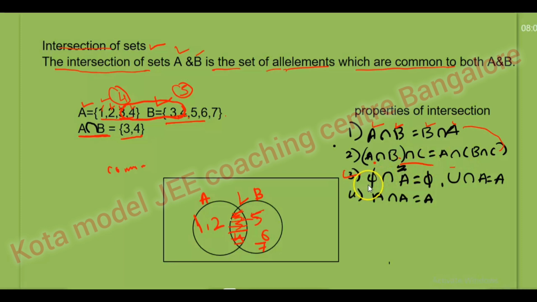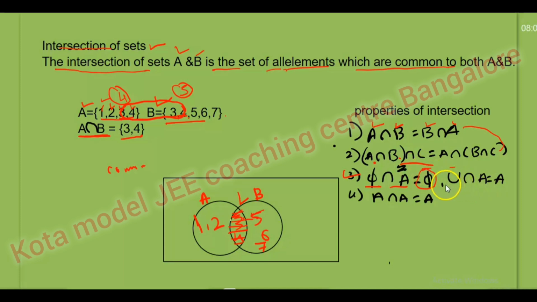And the third property: null set intersection A, we are getting the null set, not the same set. But in the union, we are getting the same set. Here, intersection of the null set with any set, we are getting the null set or the empty set.